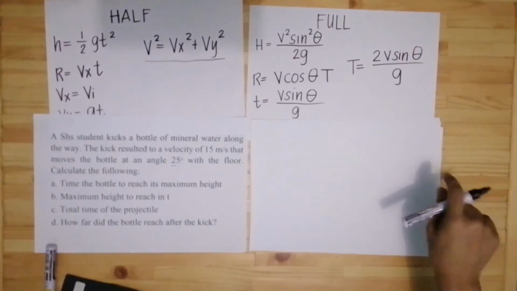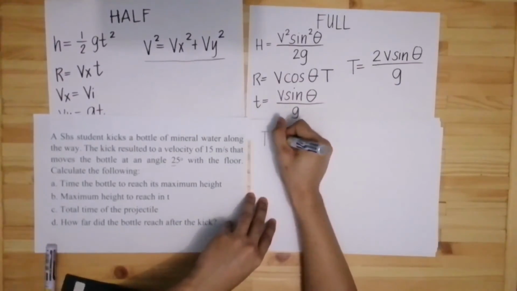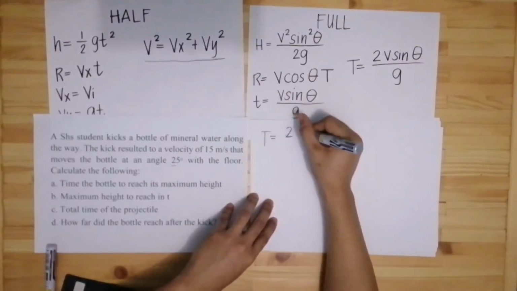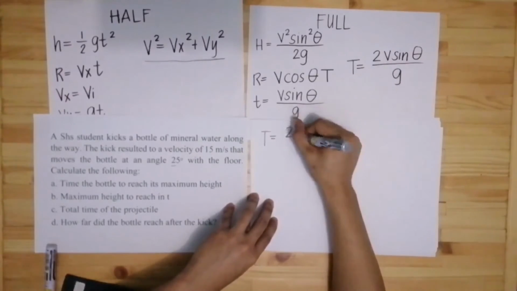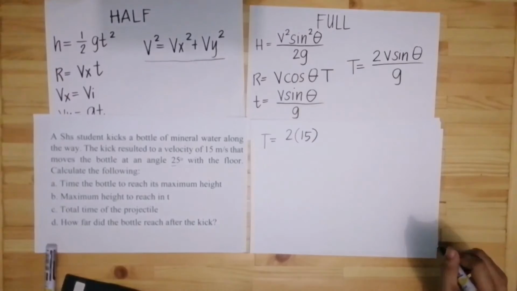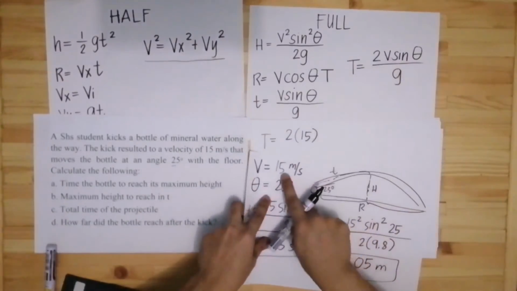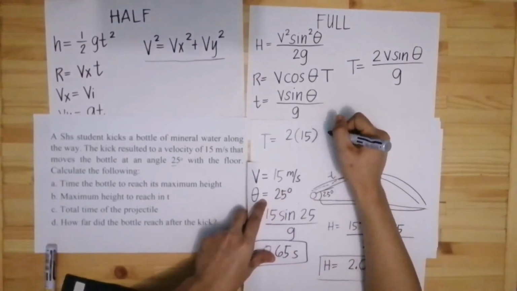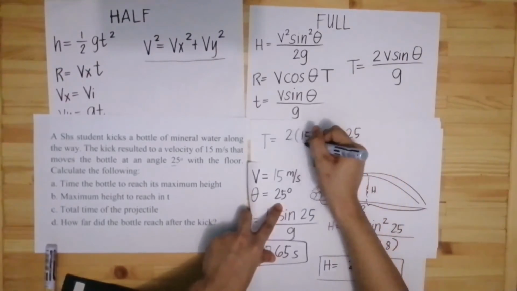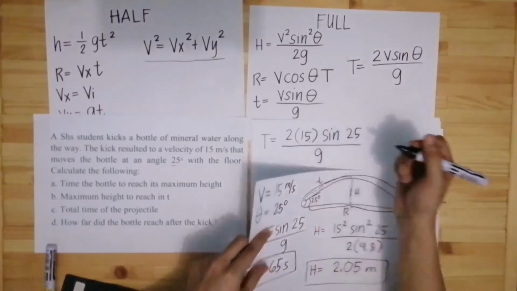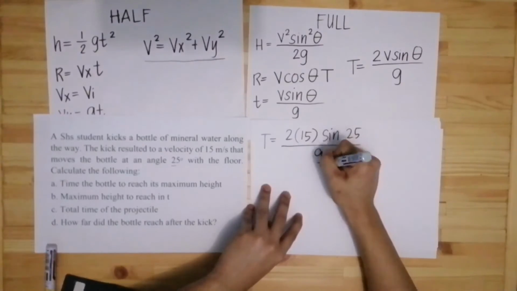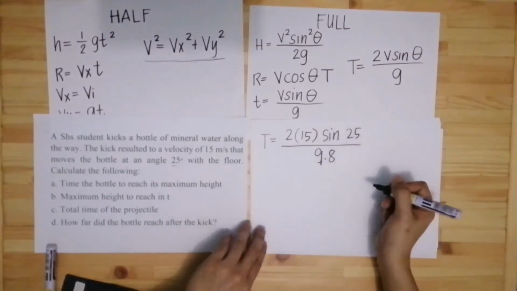So, gawin natin. So, T, total time na kasi ang hinahanap eh. Total time. So, capital letter T. So, 2 times V, then yung V natin ay 15. Kanina, di ba? 15 yung binigay natin. That is the velocity, which is 15. And then, sine theta, sine 25 degrees over G. The G is 9.8.